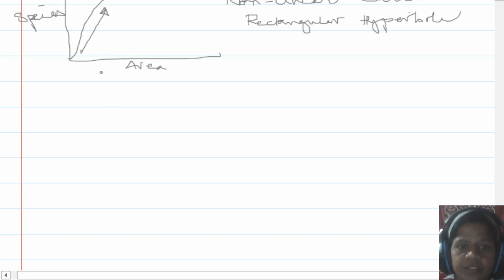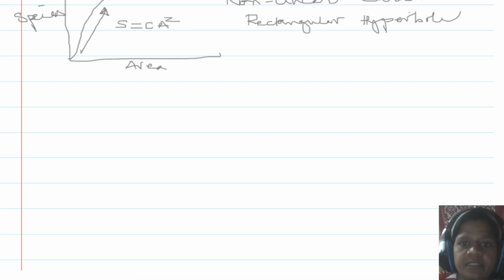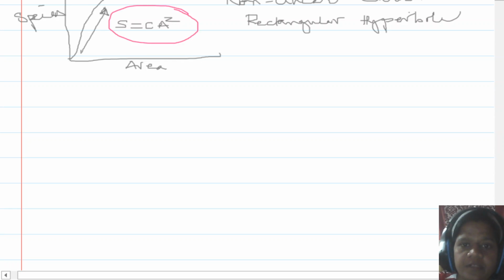What we can do, well, for the graph, the equation is S equals C A to the power of Z. This is the equation for the nonlinear curve. Because we don't understand when the curve is nonlinear, we take a logarithmic scale. We take log on both sides.